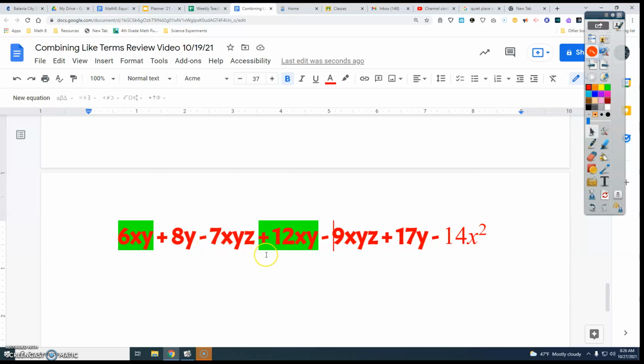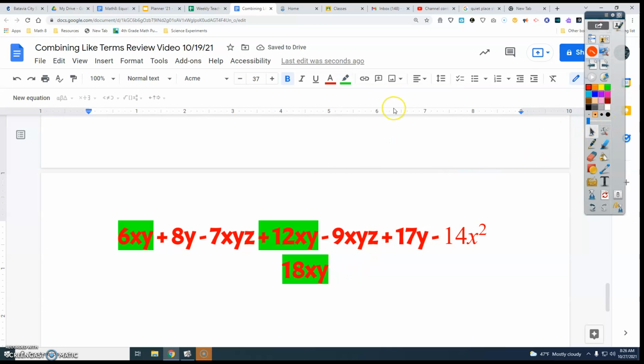Well, what's 6 plus 12? So it would be 18xy. So that's what you would have below. So below this, you'd have 18xy. And I'm just going to write that right now, and we'll highlight that in green. Those have been combined.